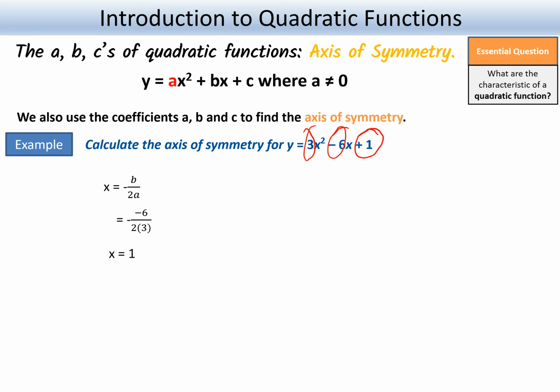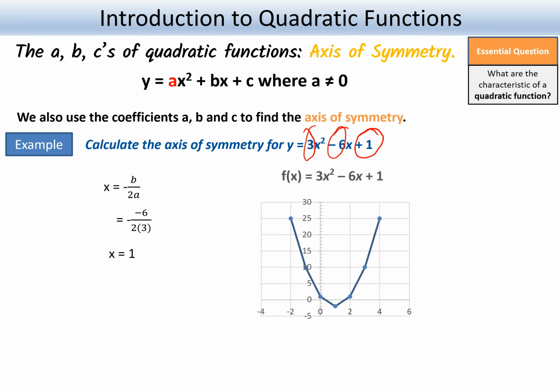So I have -6 divided by -6, which is 1. So that means that my axis of symmetry for the graph of this particular function is going to be x equals 1. So where x equals 1 is where it crosses. That's all I know by doing that. But I do know it's concave up and my axis of symmetry is x equals 1. So that's two characteristics right off the top.